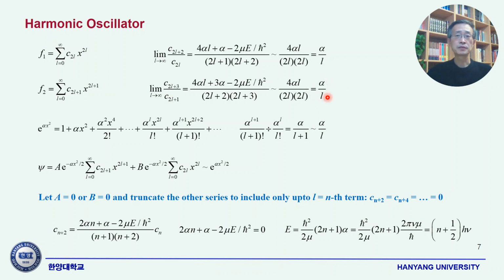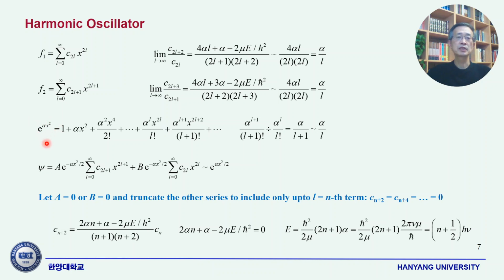Then, if the coefficient ratio is alpha over l, see how it behaves as x goes to infinity or negative infinity. Before we do that, we can examine e to the alpha x squared.